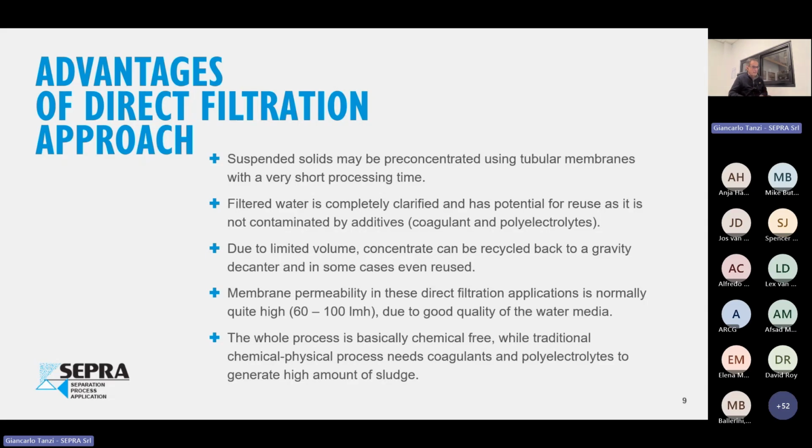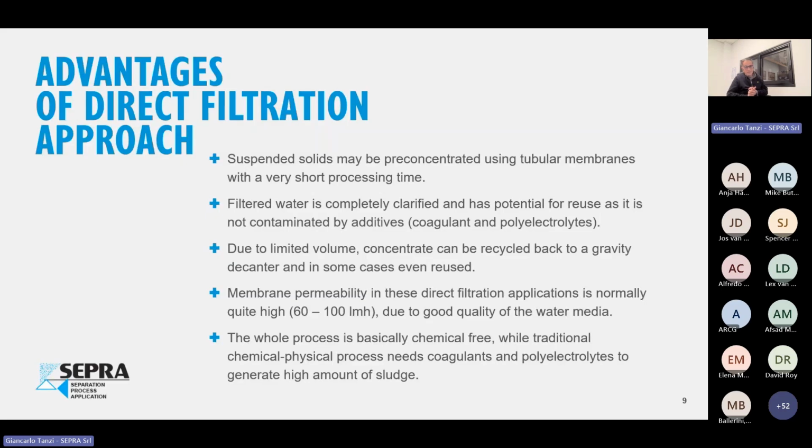It's not contaminated by additives, and the concentrate can be concentrated quite a lot. It means that in some cases, because of the increasing concentration, the particles begin to separate by gravity.